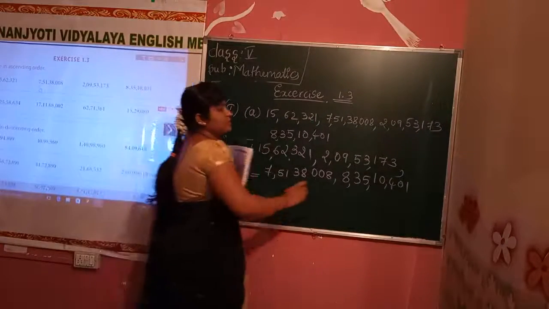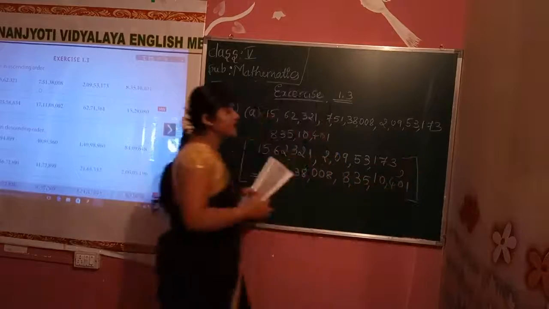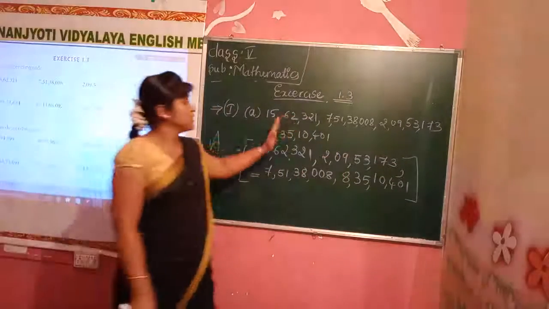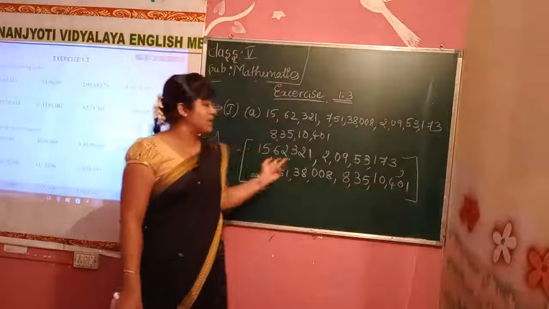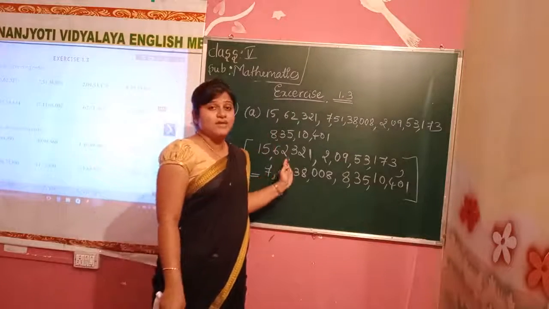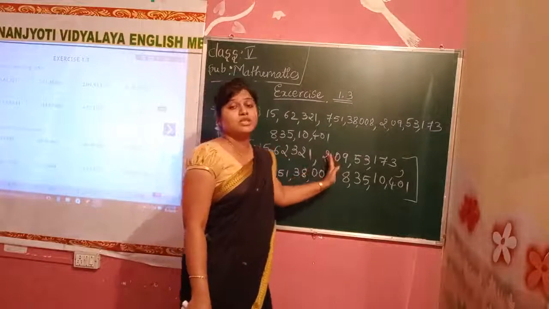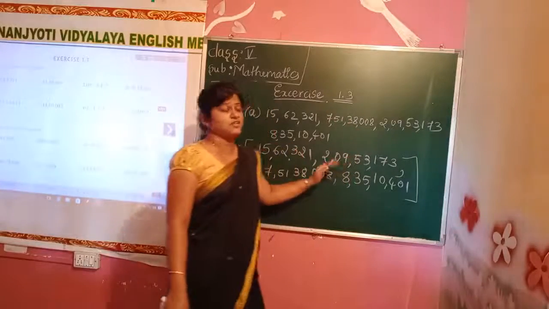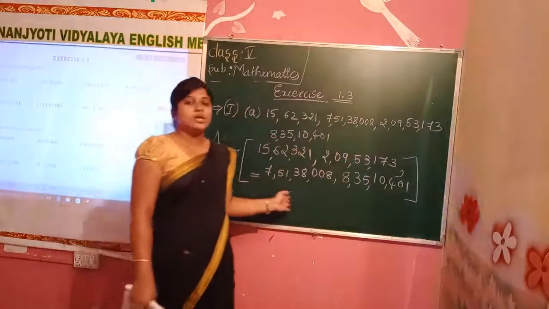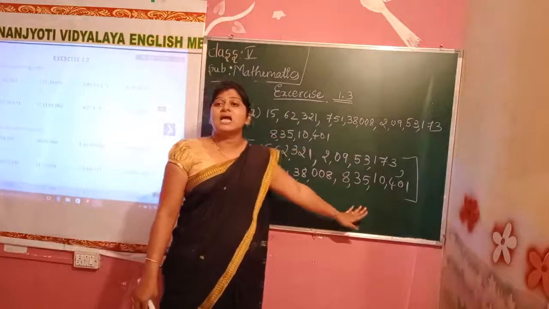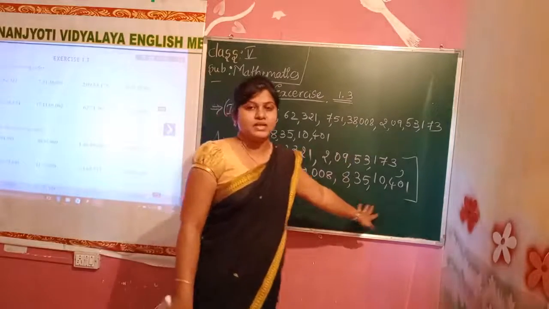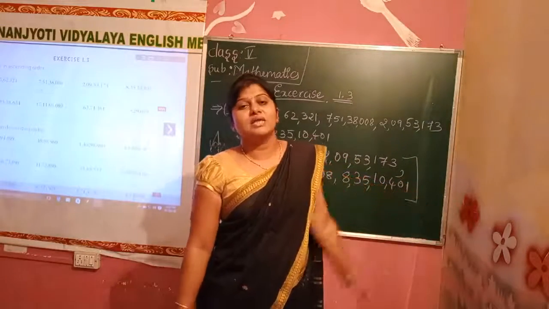We have to see the places of all the numbers. We have lakhs also, we have crores also. So which is the smallest number here? Lakhs. Lakh we have to write first. After that the crore, the smallest crore number we write first, then the next crore, and after that the highest crore. Understood how to write in ascending order?